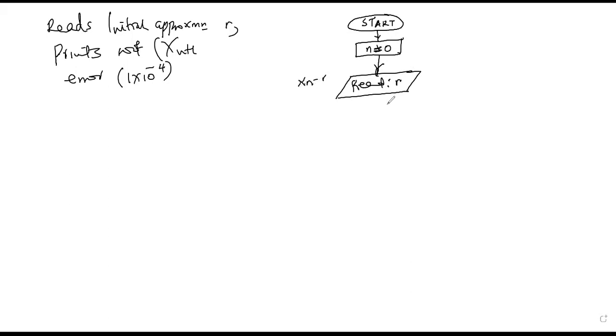Then after it has read, you have to feed in the formula. The formula box, you draw it in a rectangular shape. In this rectangular figure, you put the formula that you derived, which was x_n.